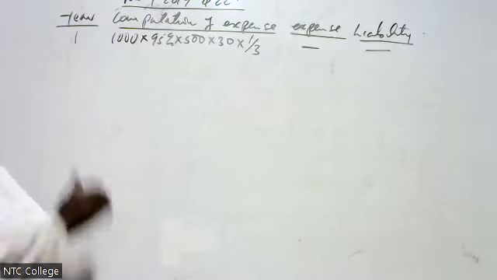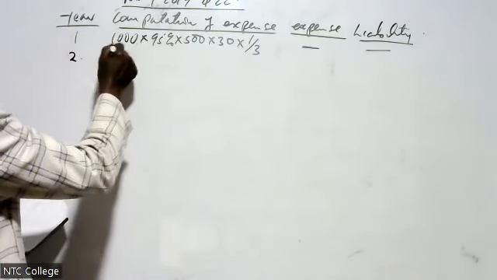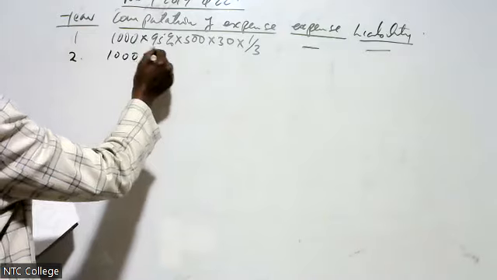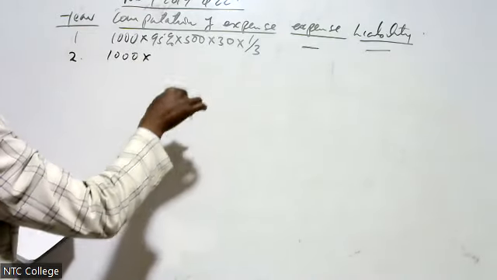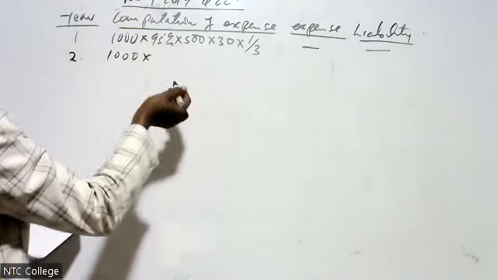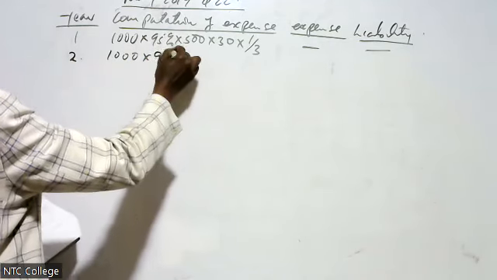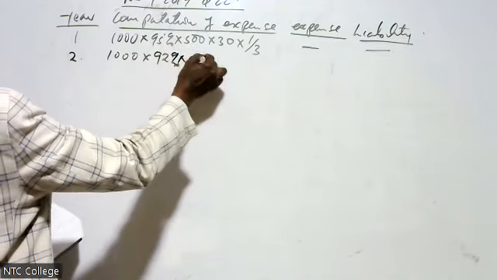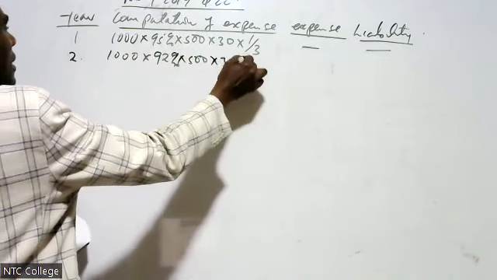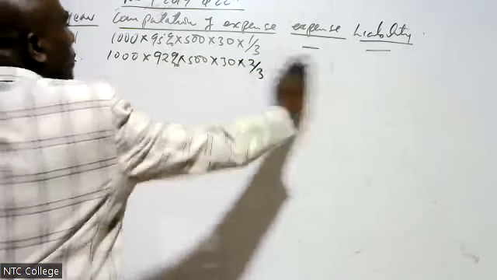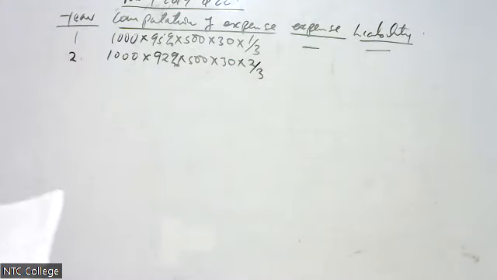When we come to year 2, still we have 1,000. Then the estimate was revised to 8%. Therefore, it means I'm remaining with 92%, times 500, times 30, times 2/3. I believe you know now how to report the other end.